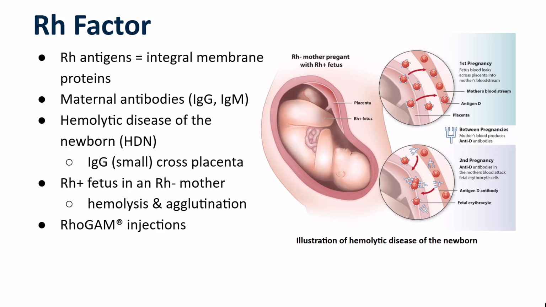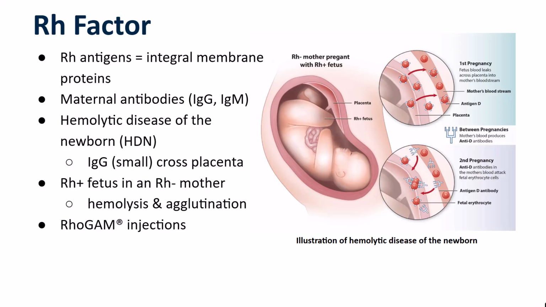Someone who is Rh positive has the Rh factor. Someone who is Rh negative does not have this integral membrane protein, but they have the capacity for making anti-Rh antibodies.